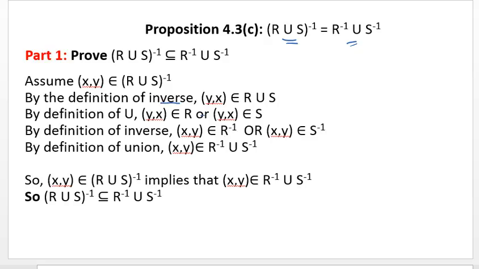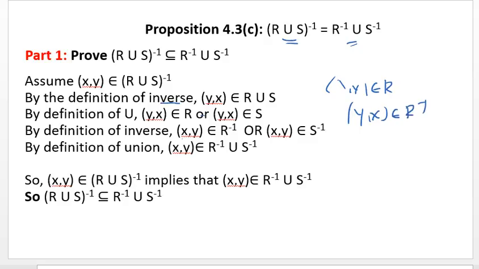But if yx is in R, we know that xy is in R inverse. And that's the basic relation you've got to keep in mind. That's the definition of the inverse. If xy is in a relation, then yx is in its inverse.